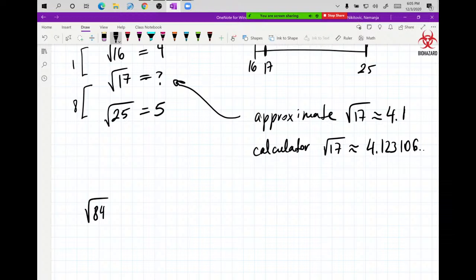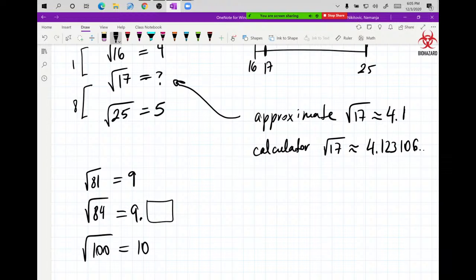So what do you do? Well, you immediately figure out what's the first smaller number you can take the root of, and the next larger number that you can take a root of. So 84 clearly needs to be 9 point something, because it has to be between 9 and 10.